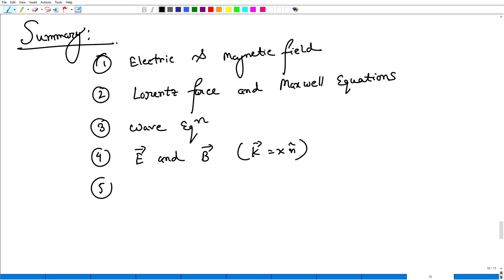After analyzing the form of E and B using the Maxwell equations, we derive the form of electromagnetic waves. So, this is the summary of our first class.